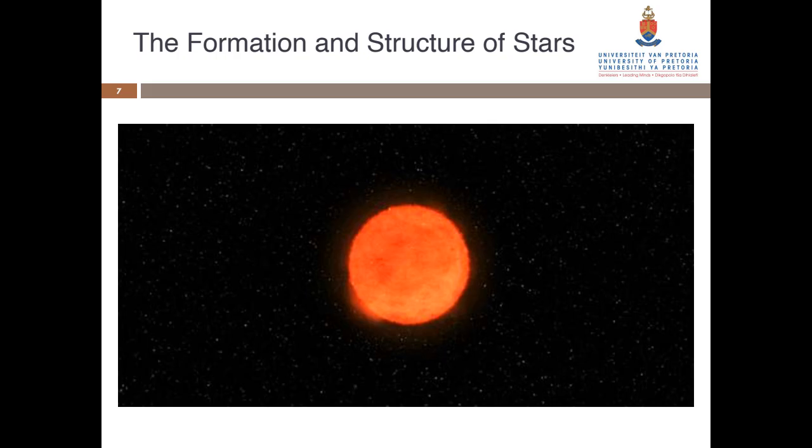So the core is compacted, and when the outer layers are blown off, that will have enough energy to fuse even higher elements. But if you have a very, very massive star, we will see the exact figures, but somewhere in the ballpark of about 14 to 15 times more mass than our own sun, then at the end of its lifetime, the core will collapse in on itself, forming a black hole. And then the outer layers form a supernova explosion.